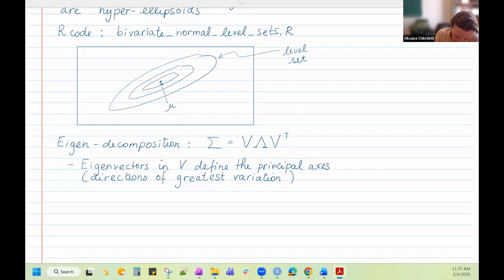Now the eigenvalues lambda i, which are the diagonal entries of that matrix lambda, define the variance or the stretch along those axes.